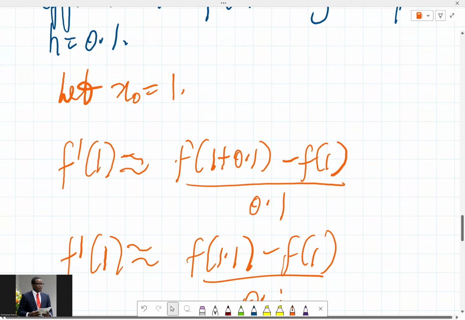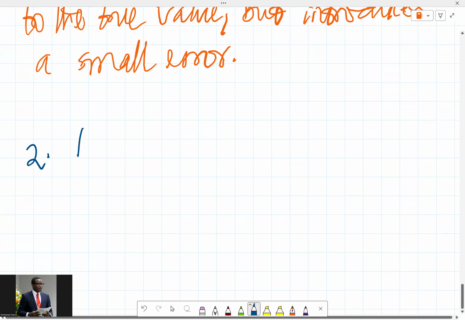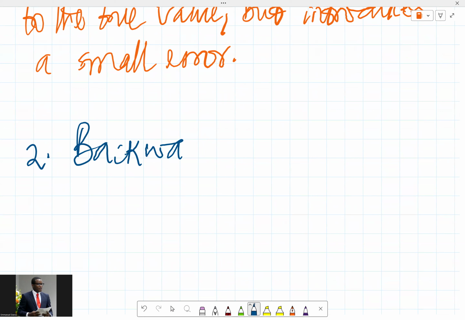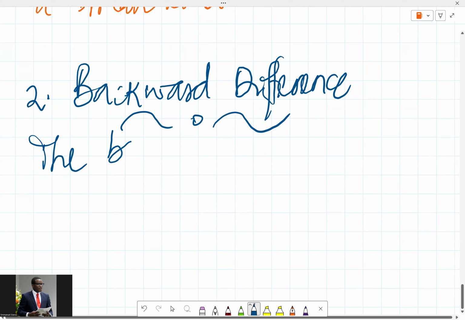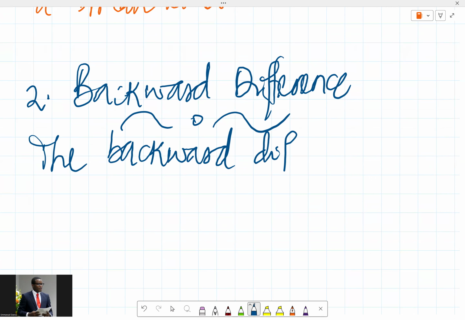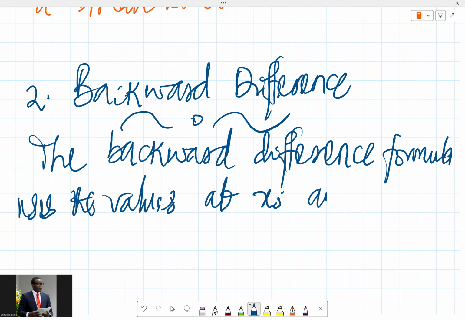So that is forward difference. Then we move on to the next one, that's backward difference. The second type of finite difference is what we call the backward difference. Here, the backward difference formula uses the values at x naught, and then because it's backward, it goes a step backwards, that's x naught minus h.